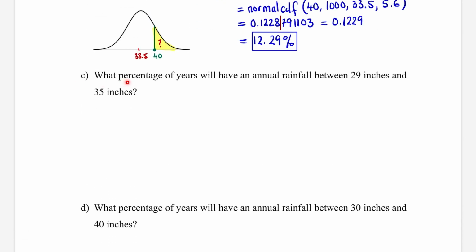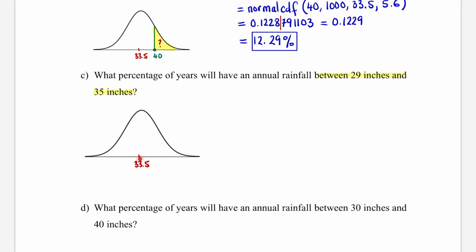C. What percentage of years will have an annual rainfall between 29 inches and 35 inches? Let's put these numbers on a graph first. I have a normal distribution with mean of 33.5. I want to find the percentage of years that will have an annual rainfall between 29 inches and 35 inches.